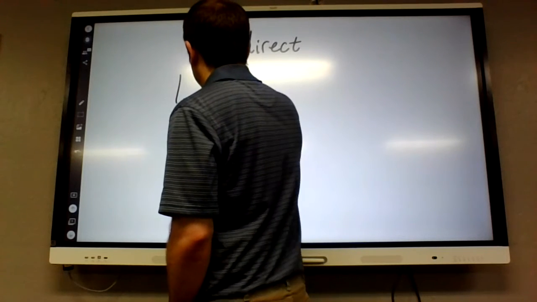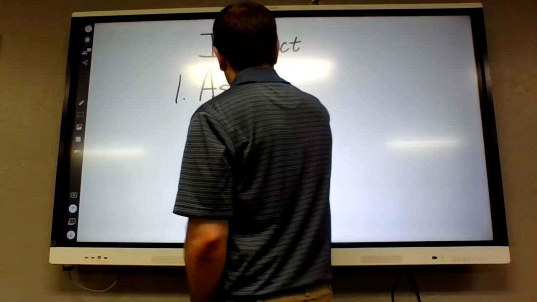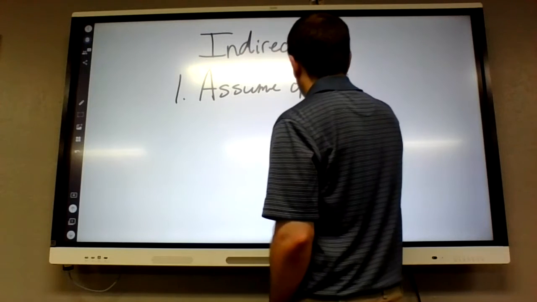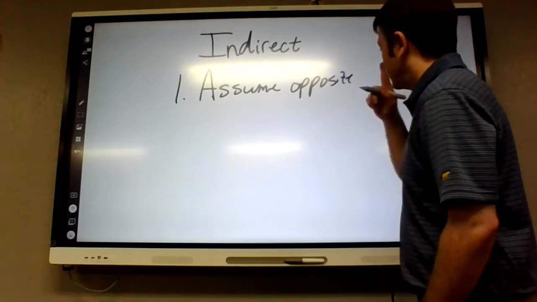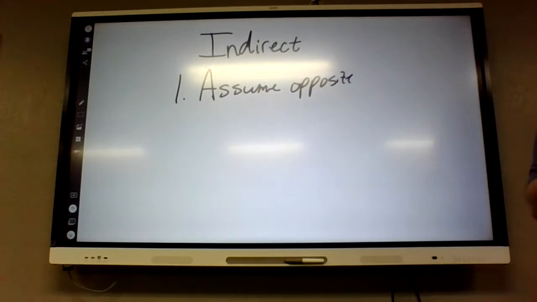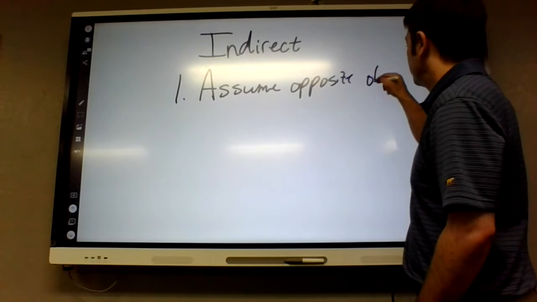So there's kind of 3 steps. Assume the opposite, or the book calls it assume the negation of what you're trying to prove.